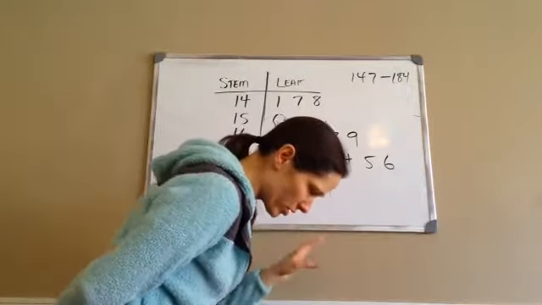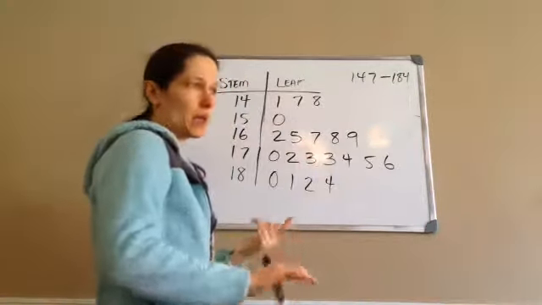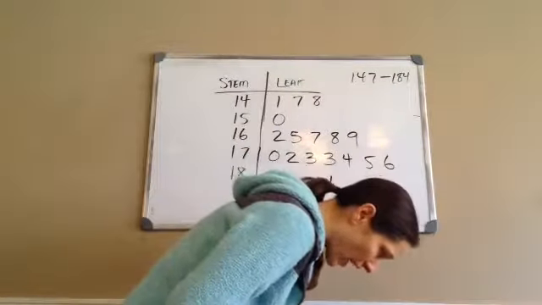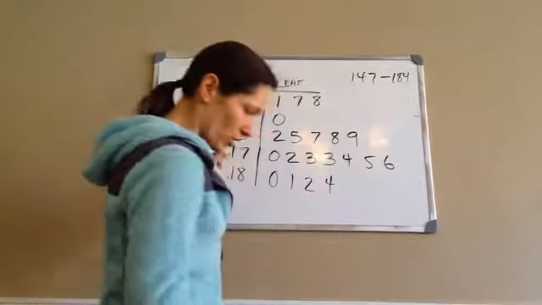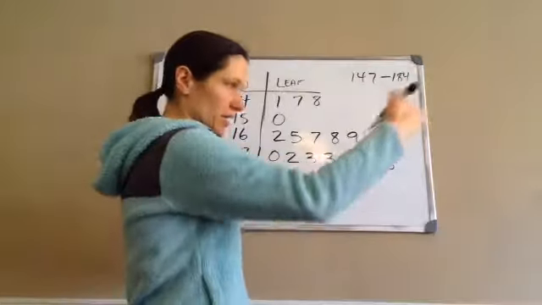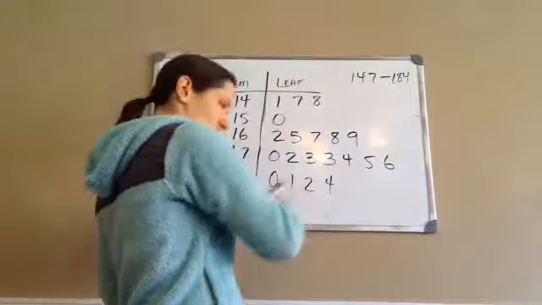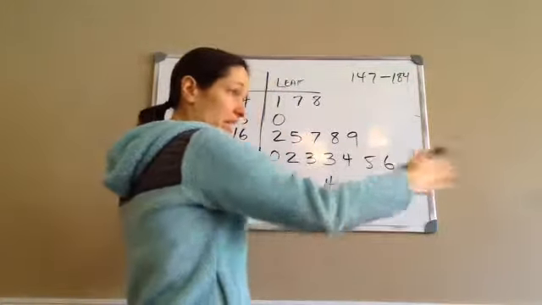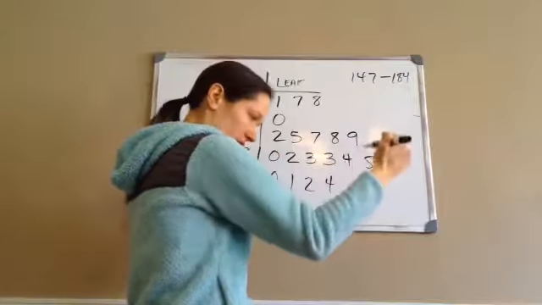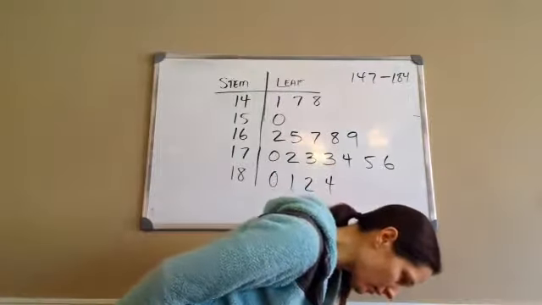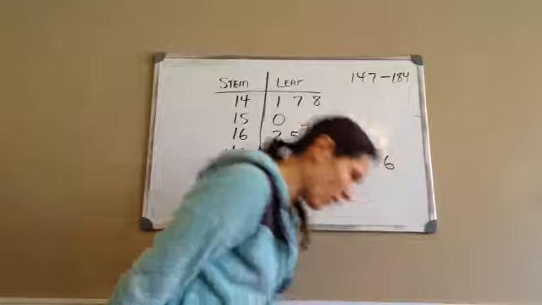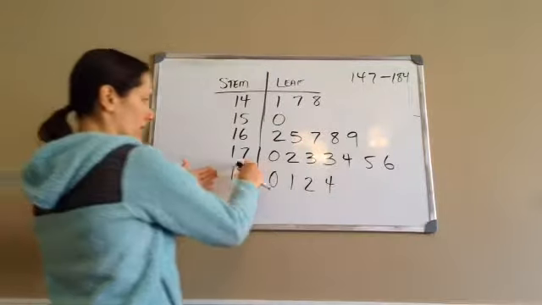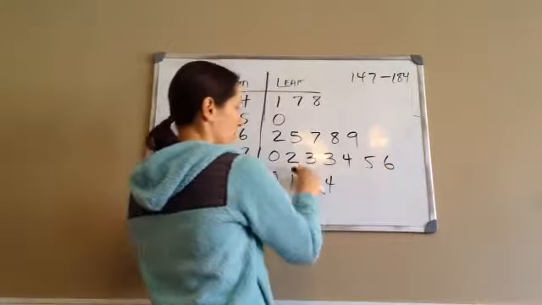Okay, so now here's the question. They do not want us to do the whole mean, median, mode, and all those things. They just want us to find which 10-yard span, which means 160 to 169 or 170 to 179, has the most golf balls. Well, you can clearly see that this one has the most.